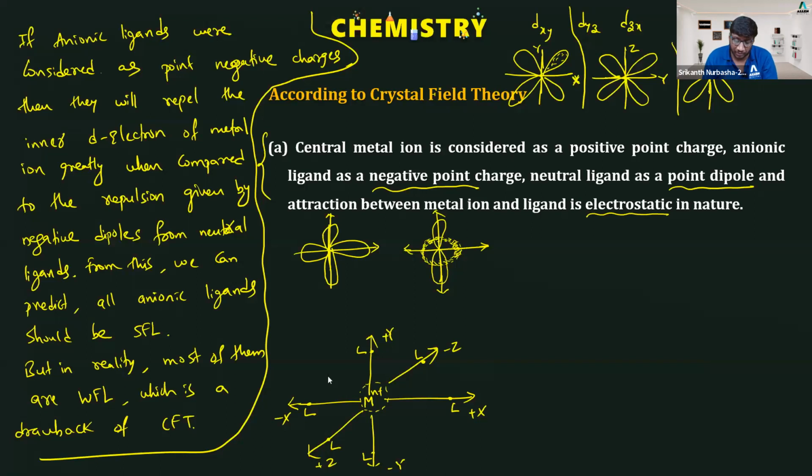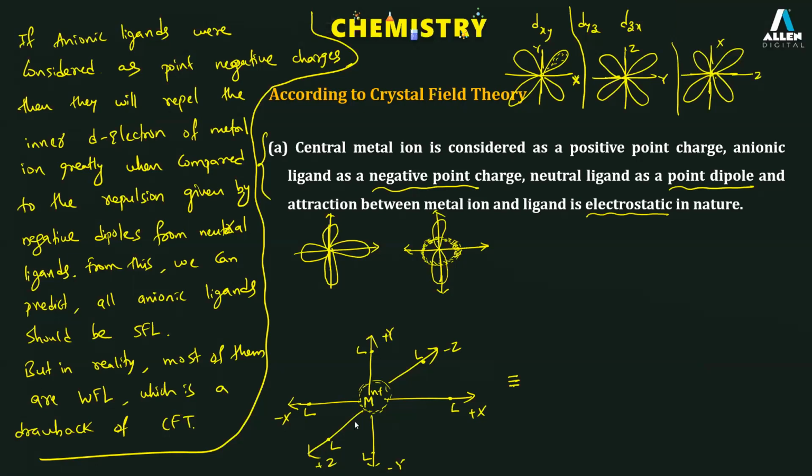Electron, electron repel. So how many d orbitals are there? 5 d orbitals: dxy, dyz, dzx, dx square minus y square, dz square. Out of these 5 d orbitals, which d orbitals experience more repulsion? Ligands are approaching along the axis. So whatever the d orbitals whose lobes are along the axis, they will experience more repulsion or not?